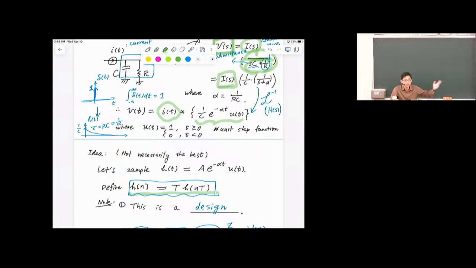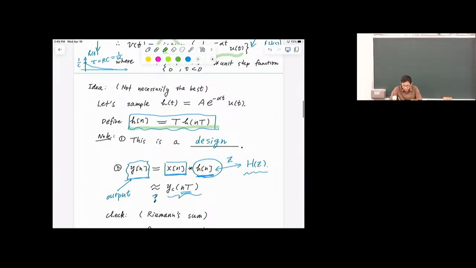Will the resulting output in discrete time, y1, y2, y3, y4, approximate the actual desired output, also sampled at integer multiples of our sampling period? That's a question. You can design a system, but you need to question your design. I claim to you this is a design. You need to question me.